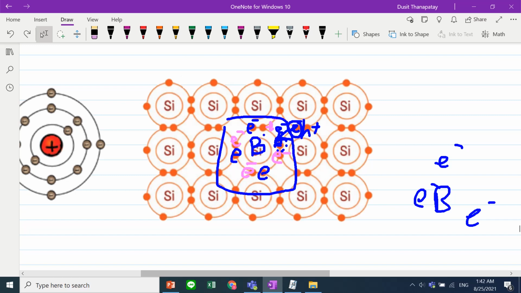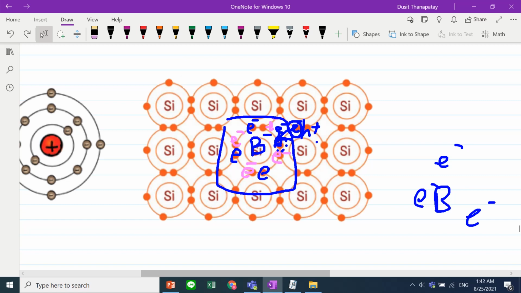So this boron becomes a negative ion, or minus ion. By itself, it cannot move, right? Because it still bonds with 4 silicon atoms.